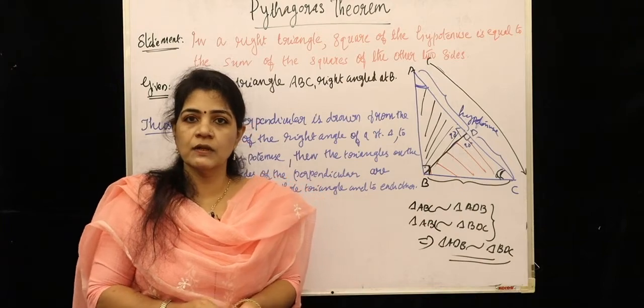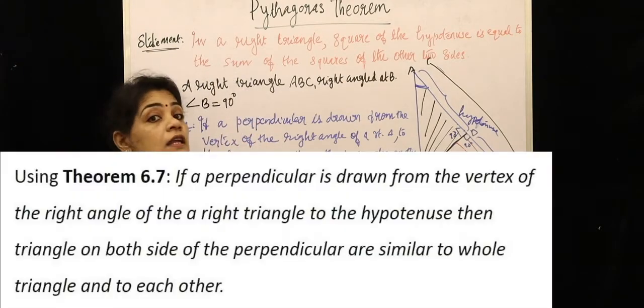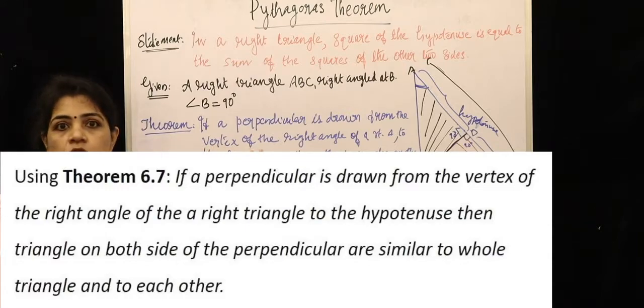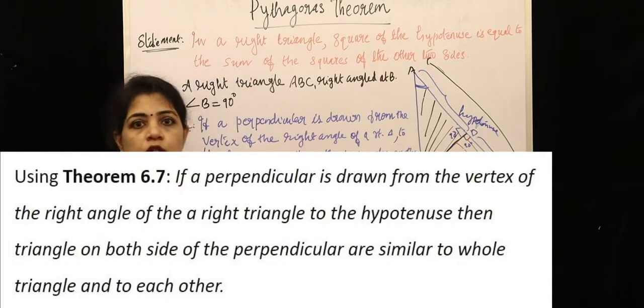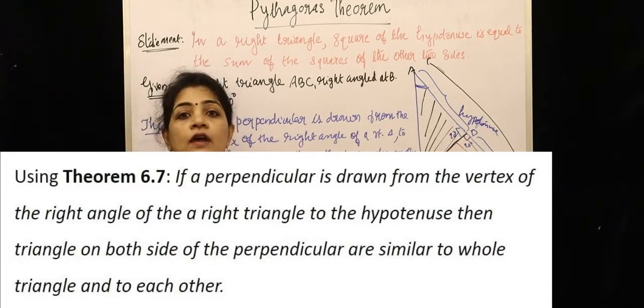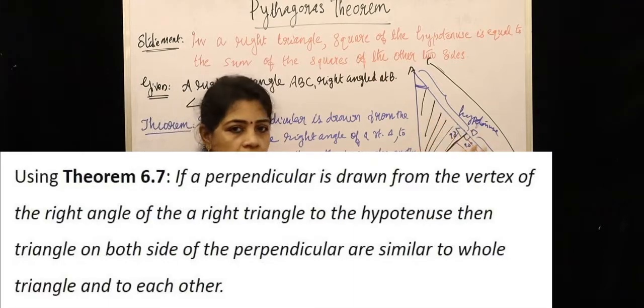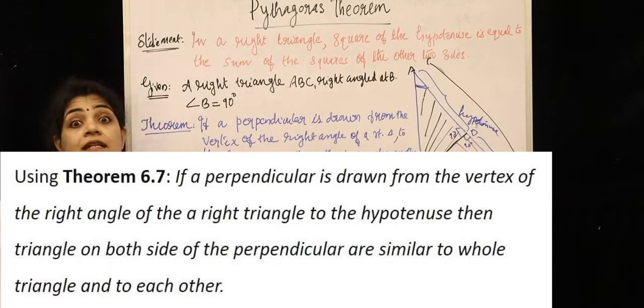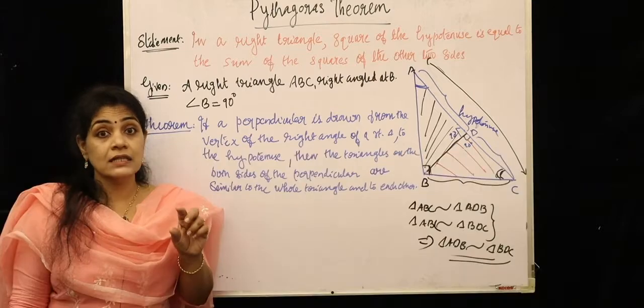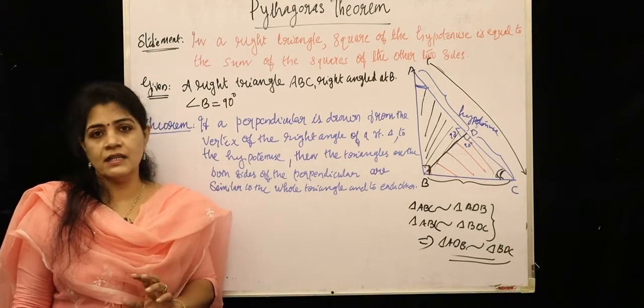Okay, so what is the theorem statement, children? If a perpendicular is drawn from the vertex of the right angle of a right triangle, that is BD, to the hypotenuse, then the triangles on both sides of the perpendicular are similar to the whole triangle, the first two results, and similar to each other, that is here triangle ADB is similar to triangle BDC.